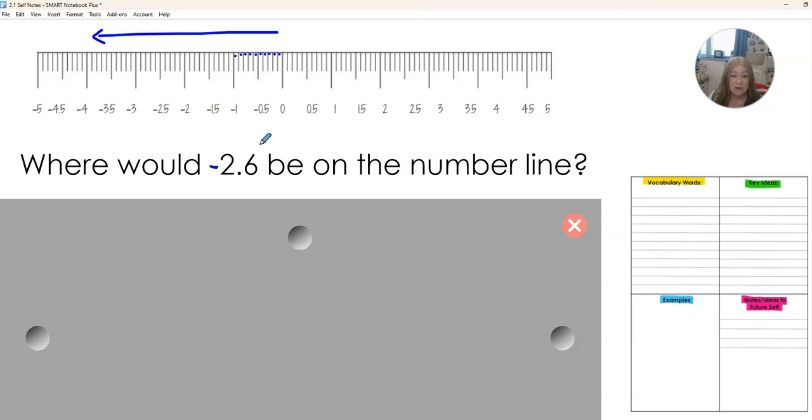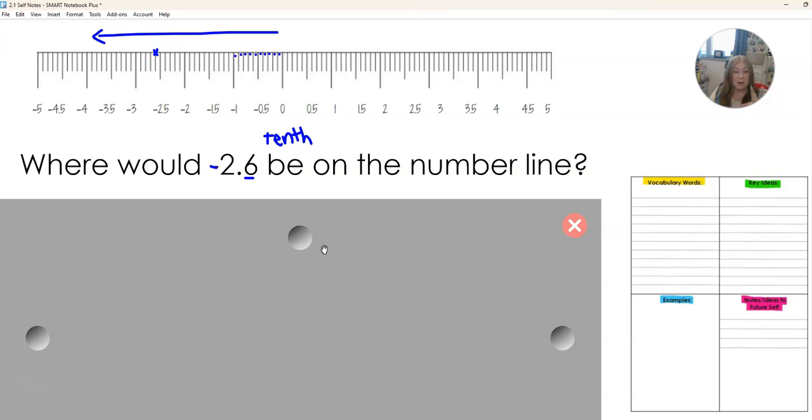So that means each of these little places is 1/10. And we have 6/10. So we need to be at 2, and we need to go into the negatives 6/10 more. So we're here at 2. So here's 2.1, 2.2, 2.3, 2.4, 2.5. 2.6 is right here.